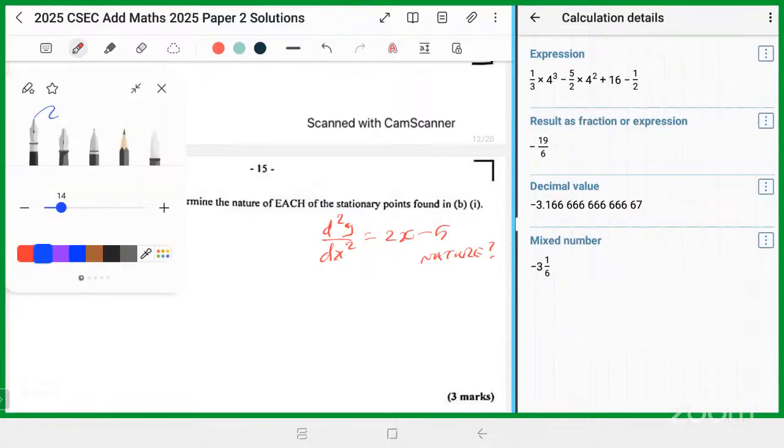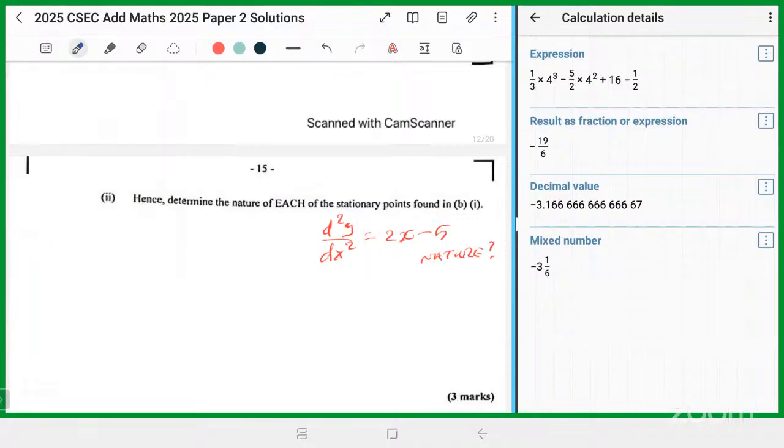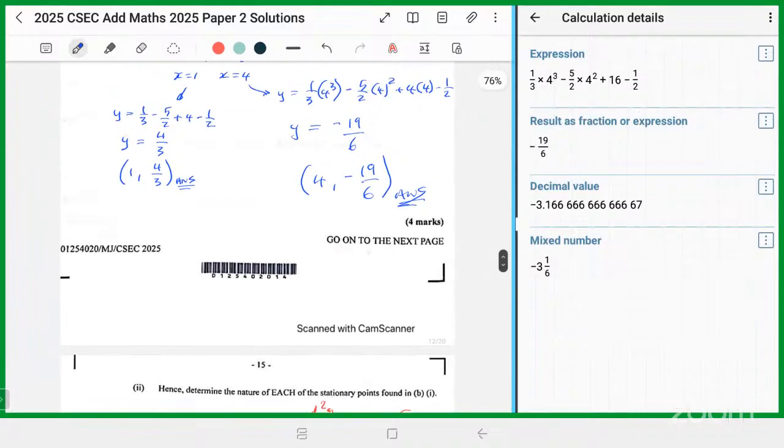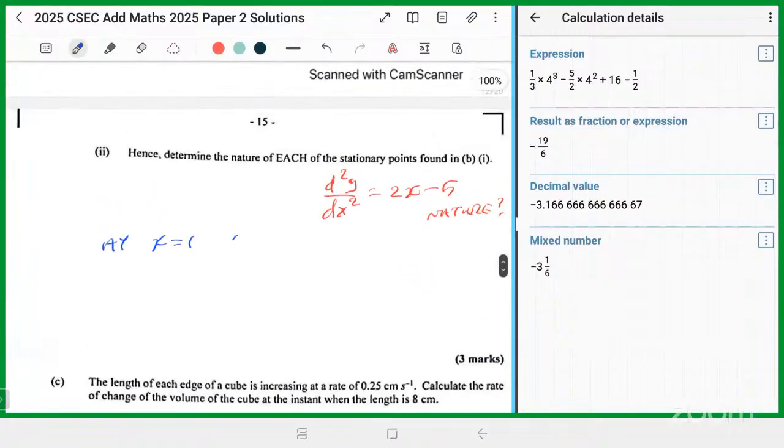So the first one is going to be a max. We'll see that, work it out at x equals 1. Remember it was 1 and 4, right? x equals 1. d2y by dx squared, if x equals 1 right here, is going to be equal to negative 3.